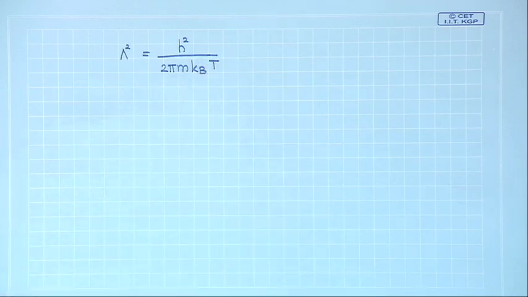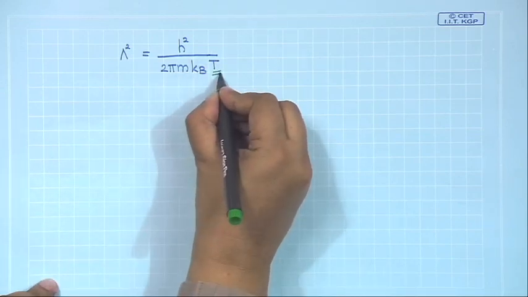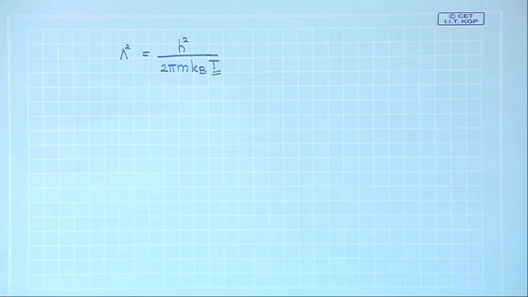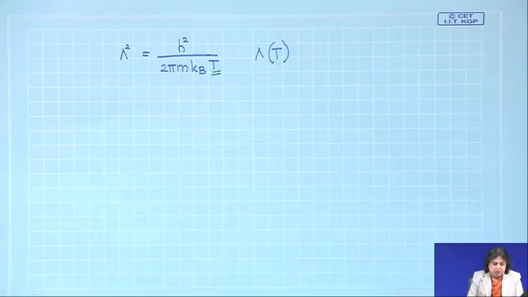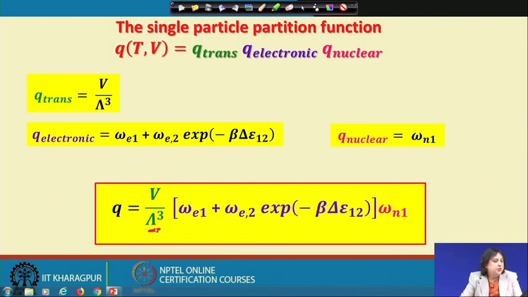So, temperature is present here. So, lambda essentially is a function of temperature. So, that is the first term that has contribution from temperature. Then I have beta over here, that is also dependent on temperature. So, q is indeed a function of temperature as given by this expression that we have derived starting from the Hamiltonian of the system.